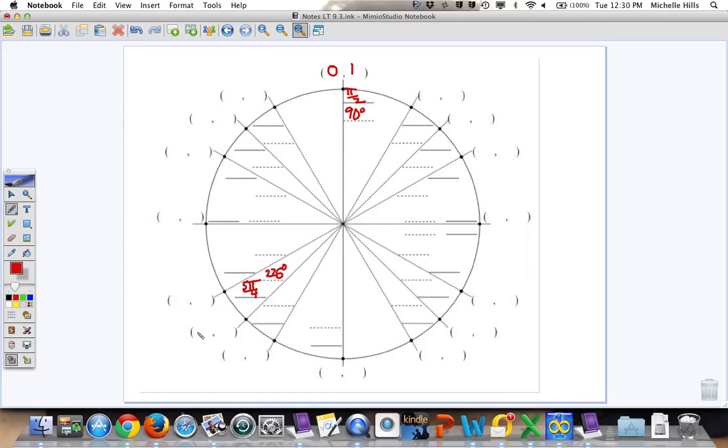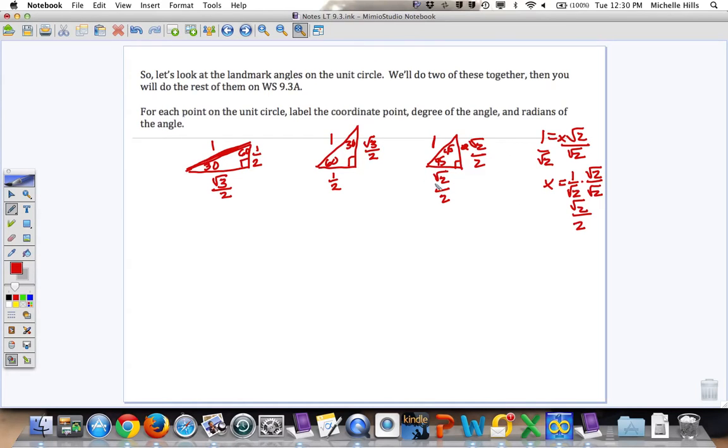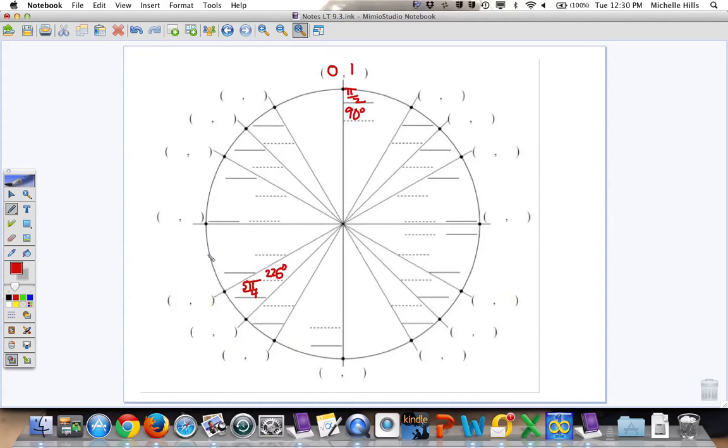Now, I need to find the x and y values at this point. I go back to here. It's a 45, 45, 90 right triangle. My x and y's are here. So I would put the square root of 2 over 2 and the square root of 2, oops, I put it in the wrong place.